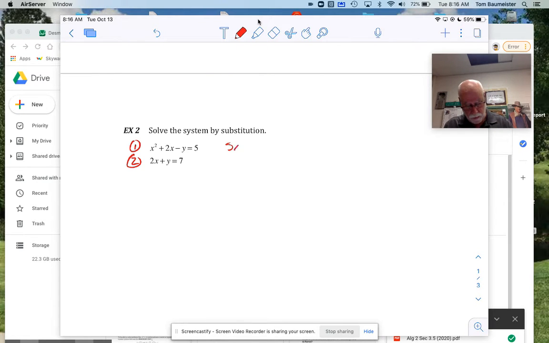So we're going to solve 2 for y. Again, use substitution if there's one where it's a single variable, not squared, but one that we can solve for. So I can solve that for y. I can say that is negative 2x plus 7. I could have said 7 minus 2x, same thing. All right, I'm going to plug that into 1.